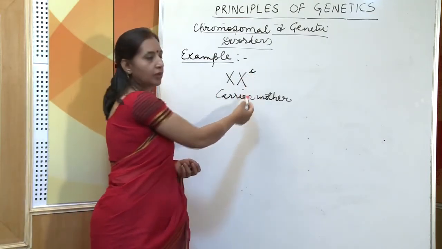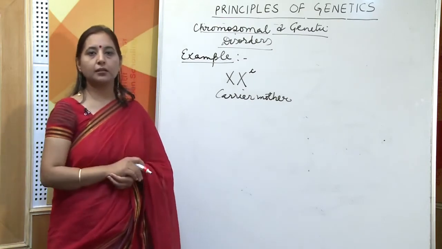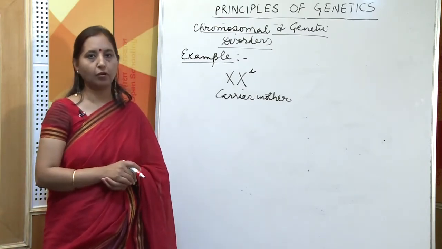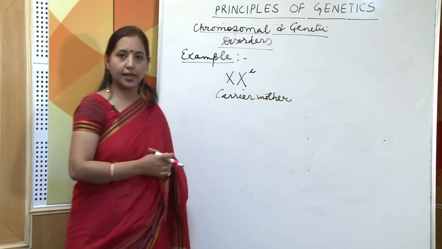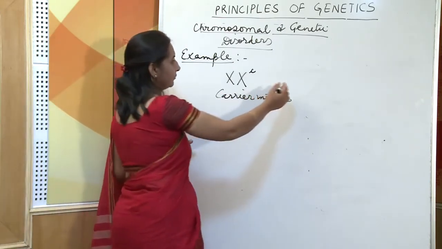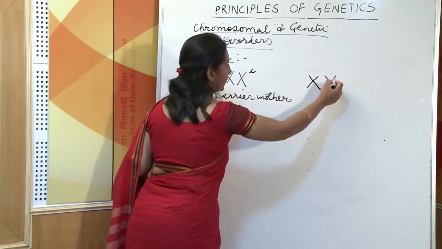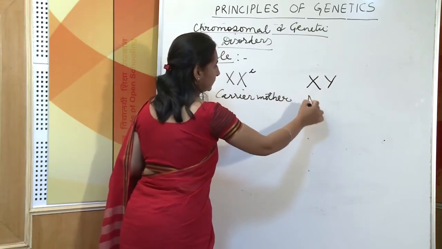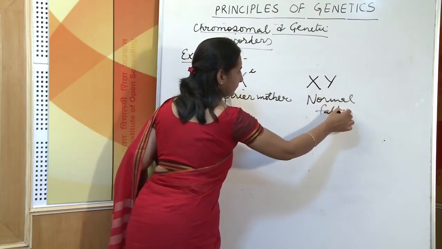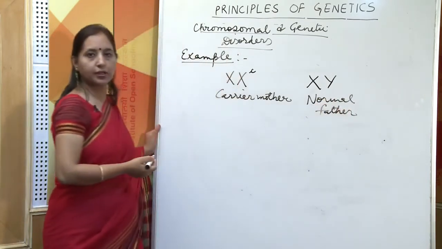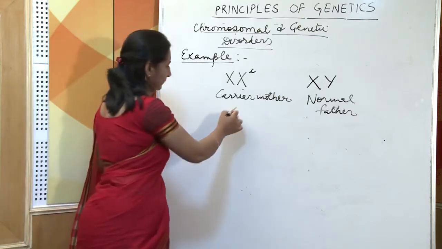Since this gene is not able to express, the disorder remains hidden or masked, and this particular female would be called a carrier mother. If this carrier mother marries a normal man, let us see what the progeny is like.